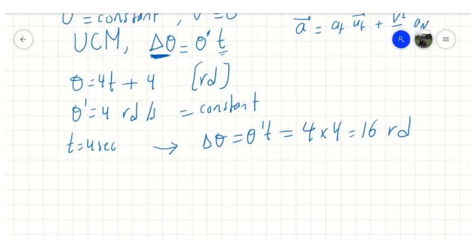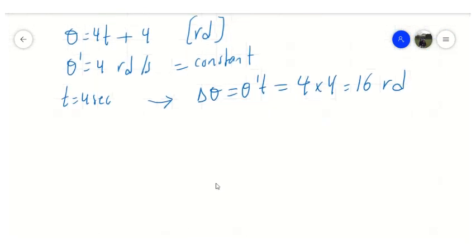Now, the particle during its motion makes a certain number of revolutions. For one complete revolution, delta theta equals 2 pi. What about n revolutions? How can we determine the number of revolutions performed by the particle during a certain interval of time?